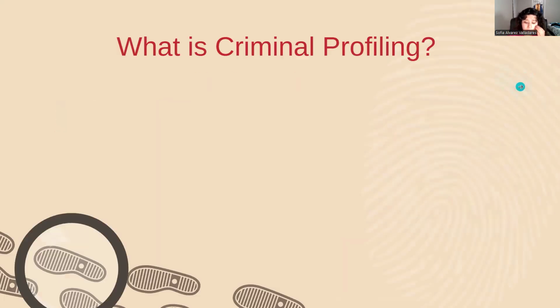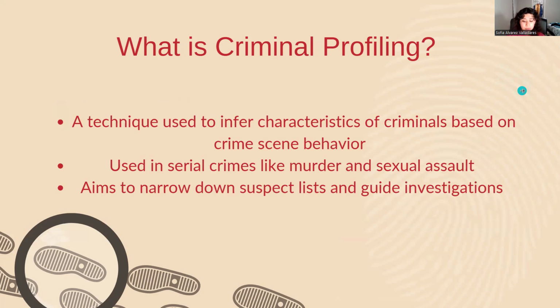So, what is criminal profiling? Criminal profiling is a technique used to deduce psychological or demographic characteristics of an offender based on the behavioral evidence left at a crime scene. It is commonly applied to serial crimes, but sometimes it is also used for homicides and sexual assaults.